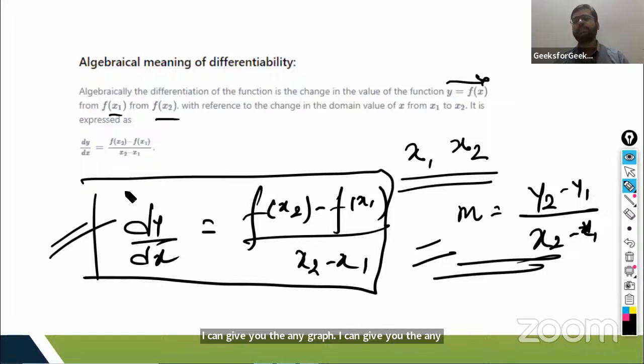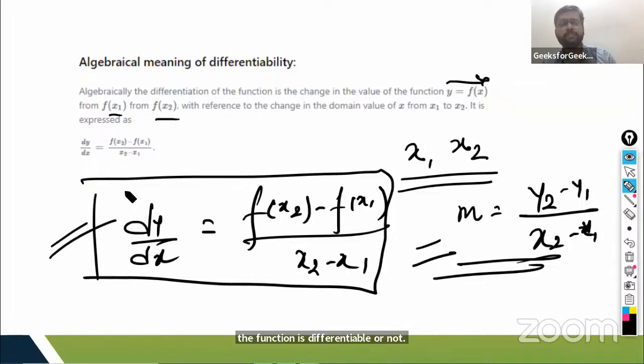So I hope you understand that differentiability means that, whatever the domain given for the specific function, we check on each point whether the function is differentiable or not. If the function is not differentiable at that specific point, the graph is not differentiable there.